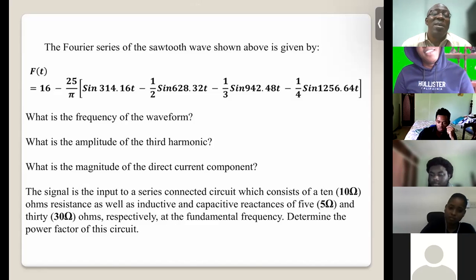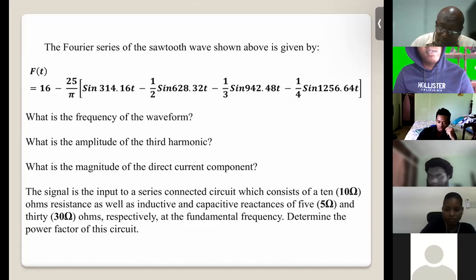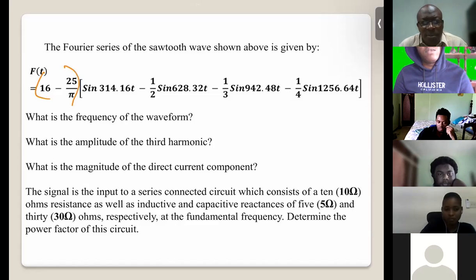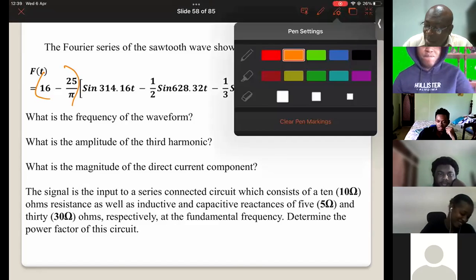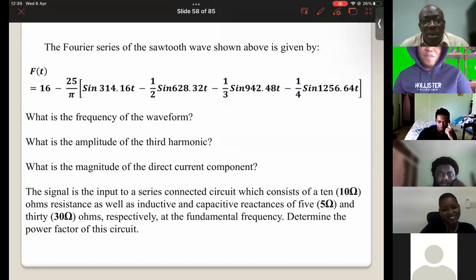You have 16 minus 25. No. Come on, gentlemen. If I was going to multiply 16 by everything there, I would have to put a bracket here. There's a constant. True. I know. So what is it that is in front of the bracket? 25/pi.